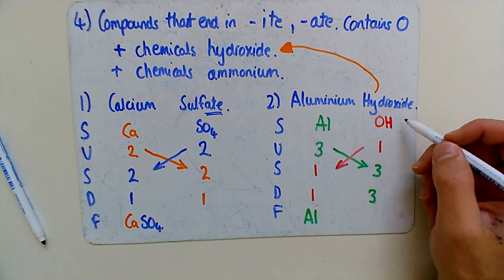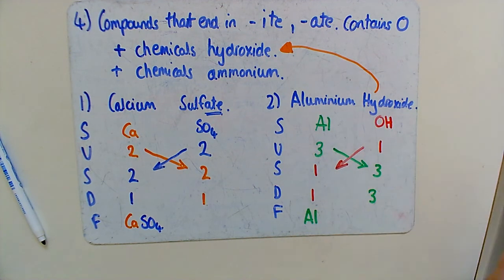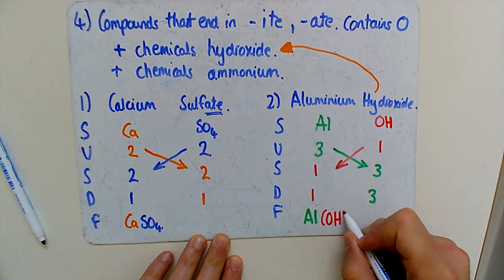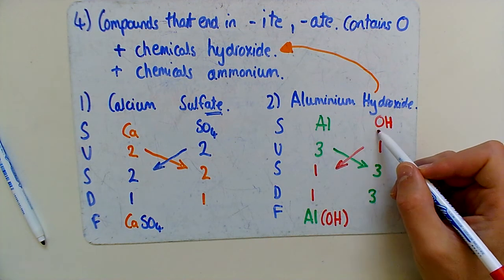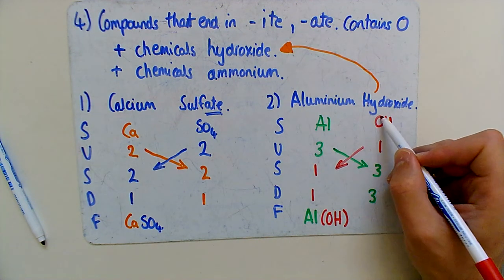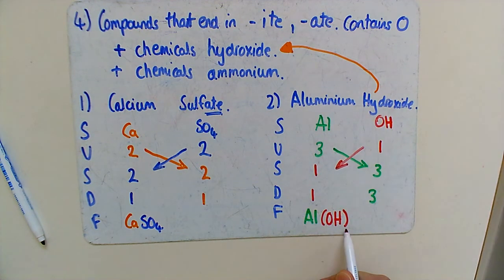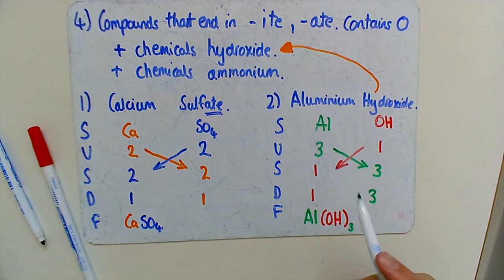Well, to make sure that we say that we've got 3 hydroxides, this is where we use brackets. So if the number below something, the symbol that's got more than 1 capital letter in it, is greater than 1, we put brackets around it and then we write the number. So the aluminium, 1, hydroxide, all in brackets, there is 3.